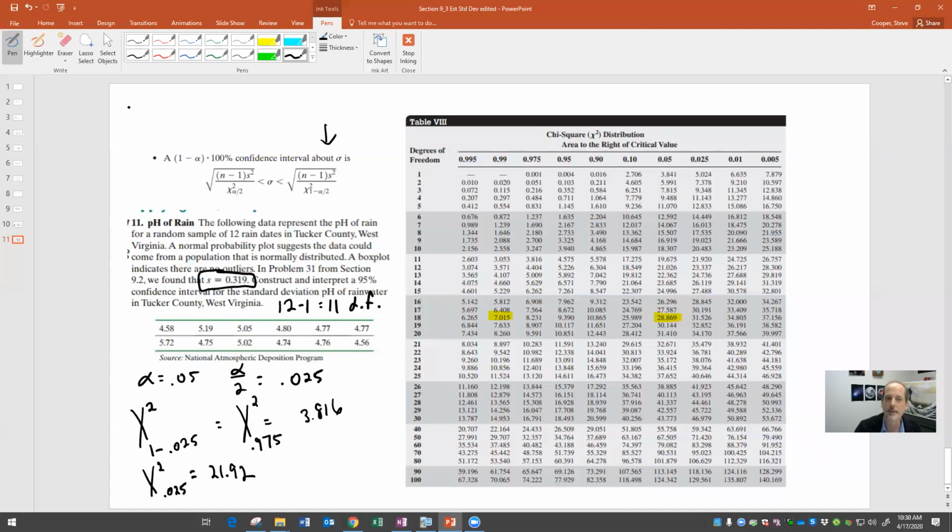Okay, so our confidence interval is going to be calculated by the square root of n minus 1, which is 11, times 0.319 squared, divided by chi-square of alpha over 2, which is this one, 21.92.